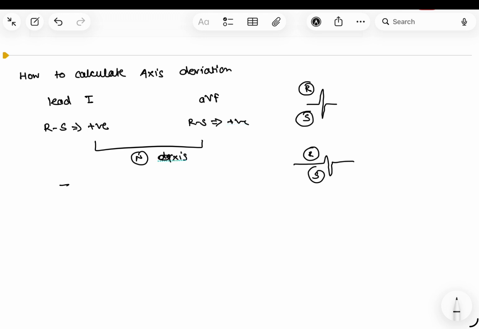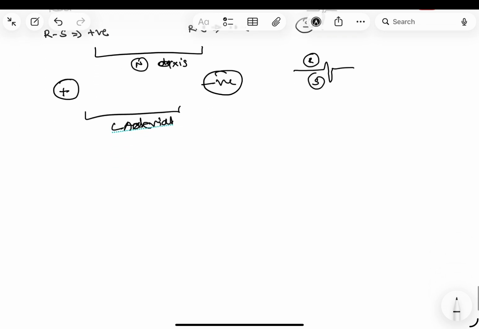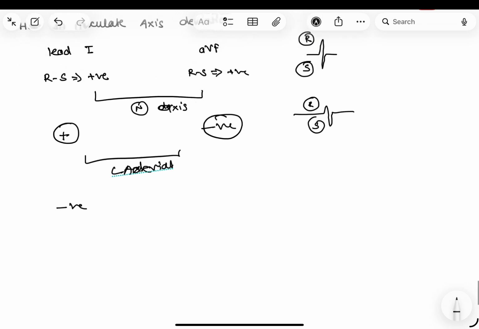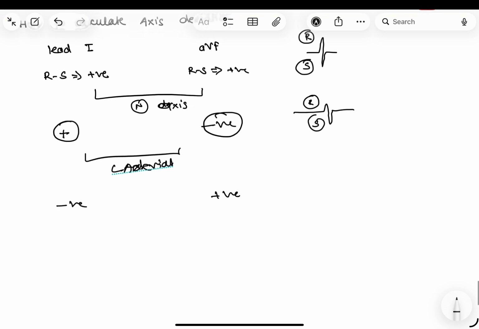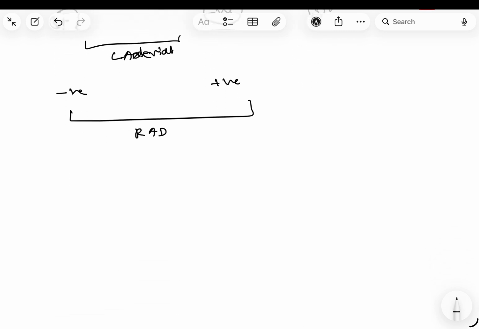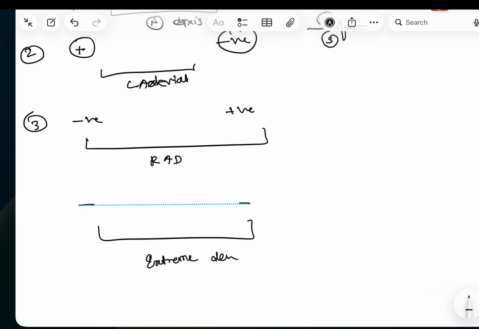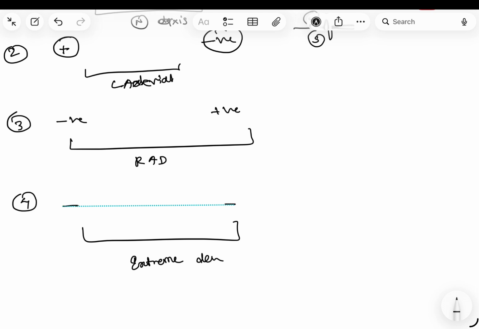What if lead 1 has a positive R minus S, and in AVF it is negative? Then it is left axis deviation. What if R minus S in lead 1 is negative and R minus S is positive in AVF? It is a right axis deviation. What if there is negative in both? Then it's extreme axis deviation. So this is how you calculate the axis deviation.